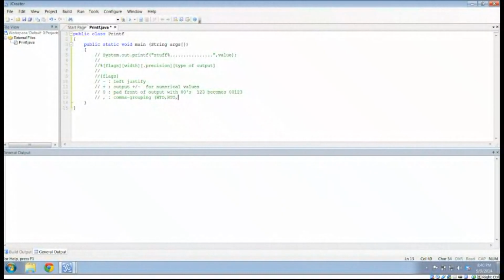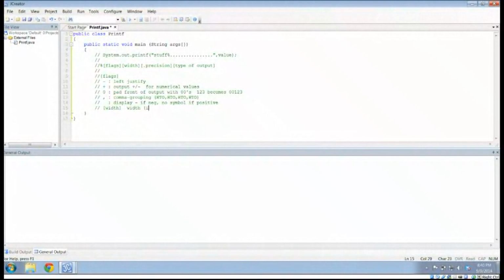So in other words, that's our hundreds, tens, and ones, millions, hundreds, tens, and ones, thousands, hundreds, tens, and ones. So our traditional comma every 3 digits, the way that we normally group. And if I have a space, then the space is going to display a space if positive. So this is our traditional display: minus if it's negative, no symbol if it's positive. So that's what we have for flags.